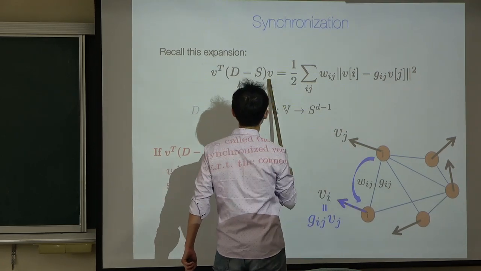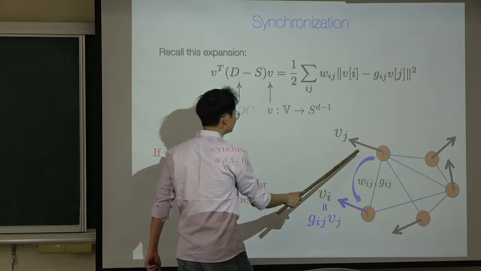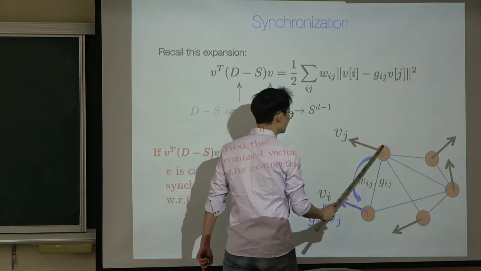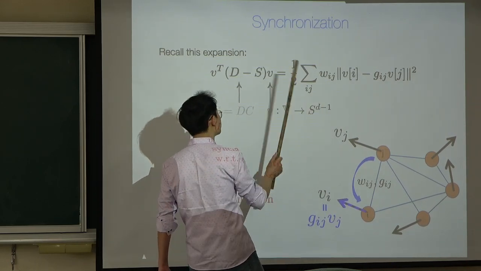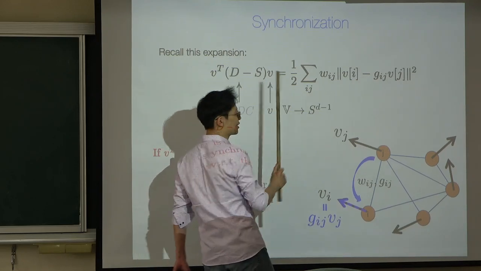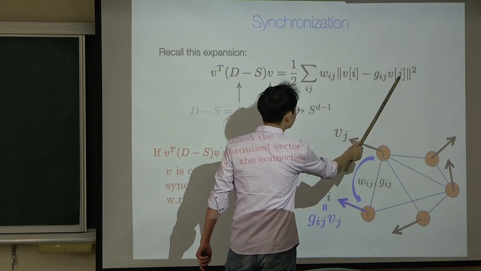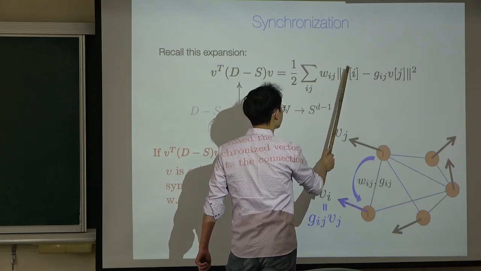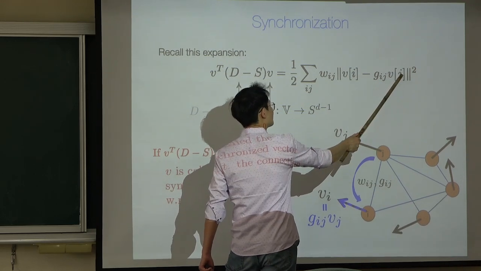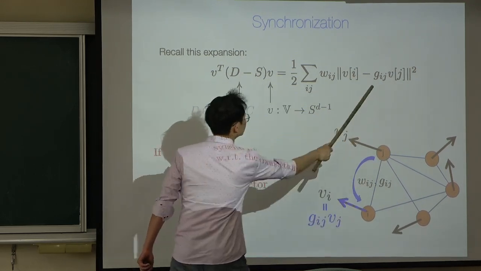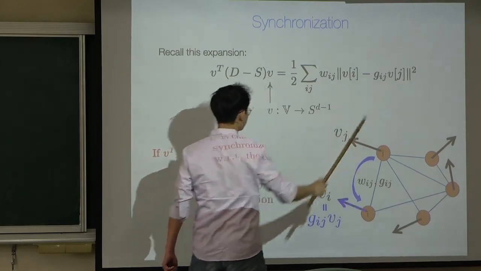And what is V? V is a vector field, a sphere-valued function defined on the vertices. Okay, and if you take a look at what it means, if you want to evaluate the vector value over i and the vector value over j, then you want to respect the connection and evaluate their distance.